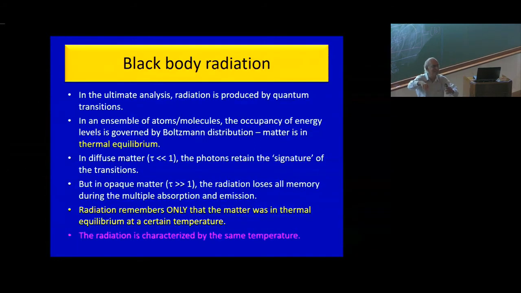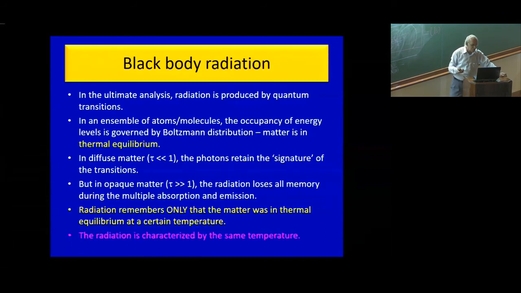And not surprisingly, the total emissivity is proportional to the total number of atoms in the tube light. That's why a 20-watt tube light is this big, a 40-watt tube light is that big. Intensity is proportional to the number of atoms. Okay? If it's a black body, it doesn't matter if it's this long or that long. At a certain temperature, it will only radiate the same amount per unit area.